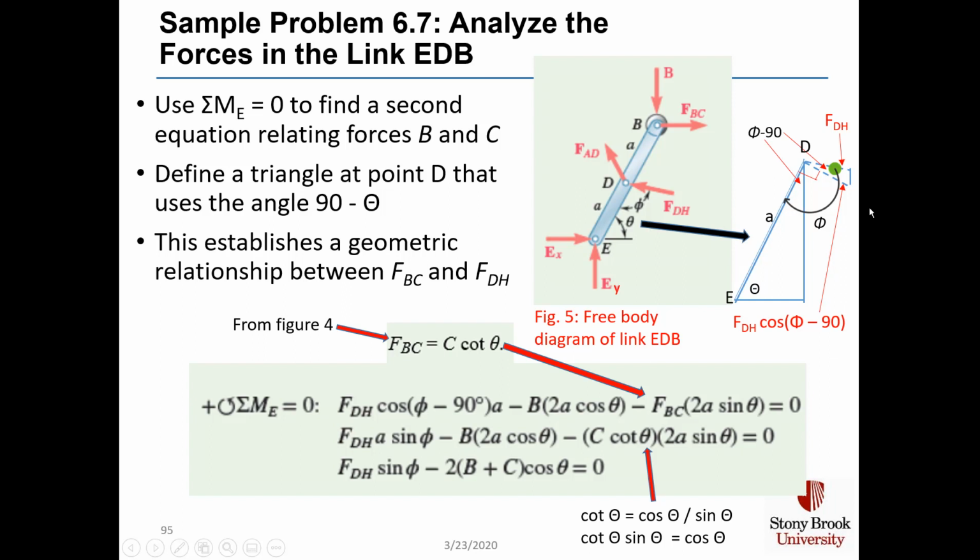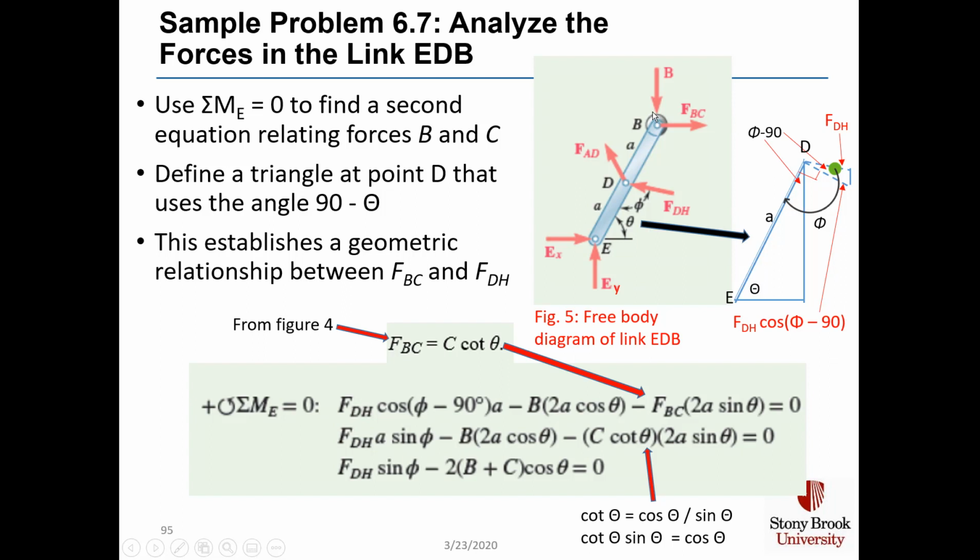First, we have this component of F_DH that is perpendicular to the linkage. It is going to create a moment that is going to want the linkage to rotate in a counterclockwise direction about point E with a magnitude of F_DH cosine of phi minus 90 degrees and a lever arm of small a. That's our first term.